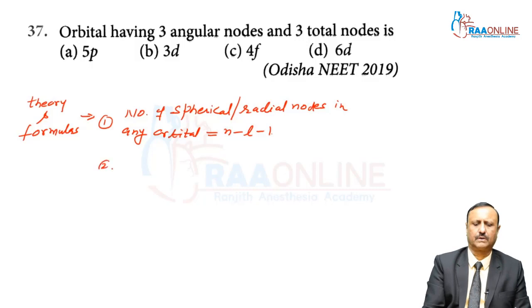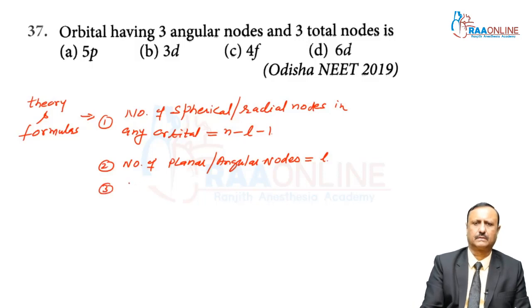Number 2, the number of angular or planar nodes equals l.